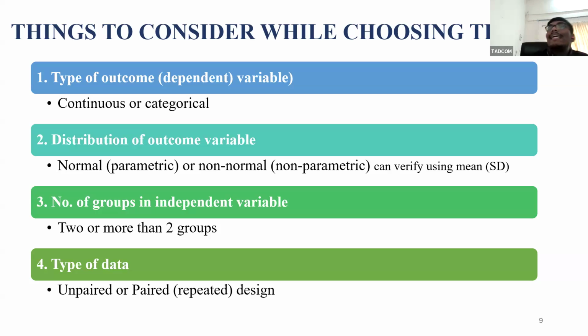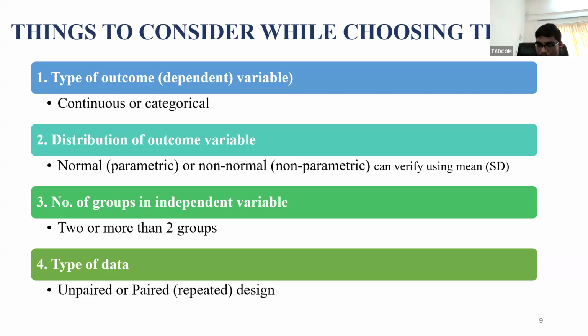So they are related groups. The groups will be very much related. That is paired. If it is not there, it means unpaired. It is quite as simple as that. Same population, before, after, it is paired. Or we are doing repeated measures, it is paired. If both are not there, it is unpaired.